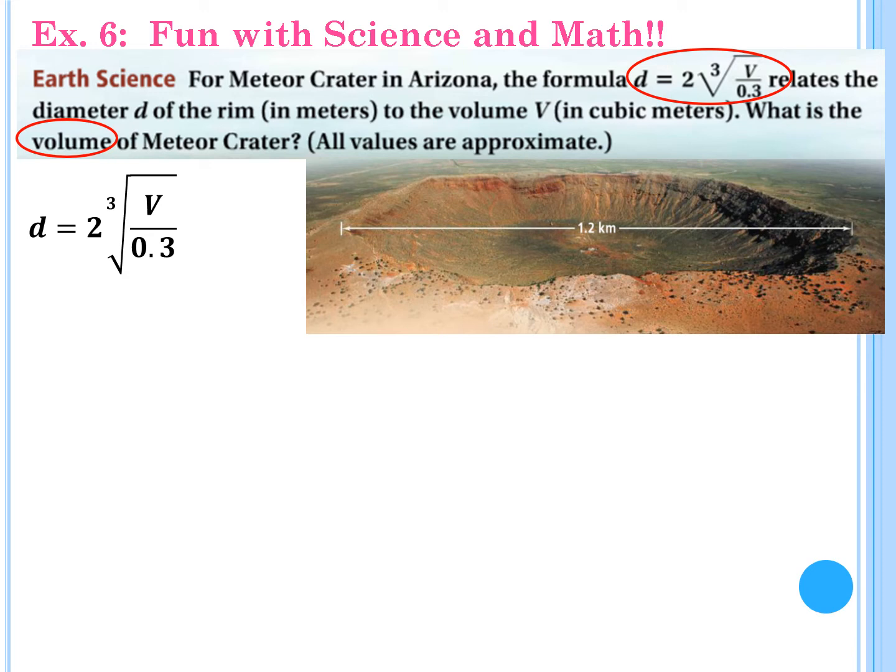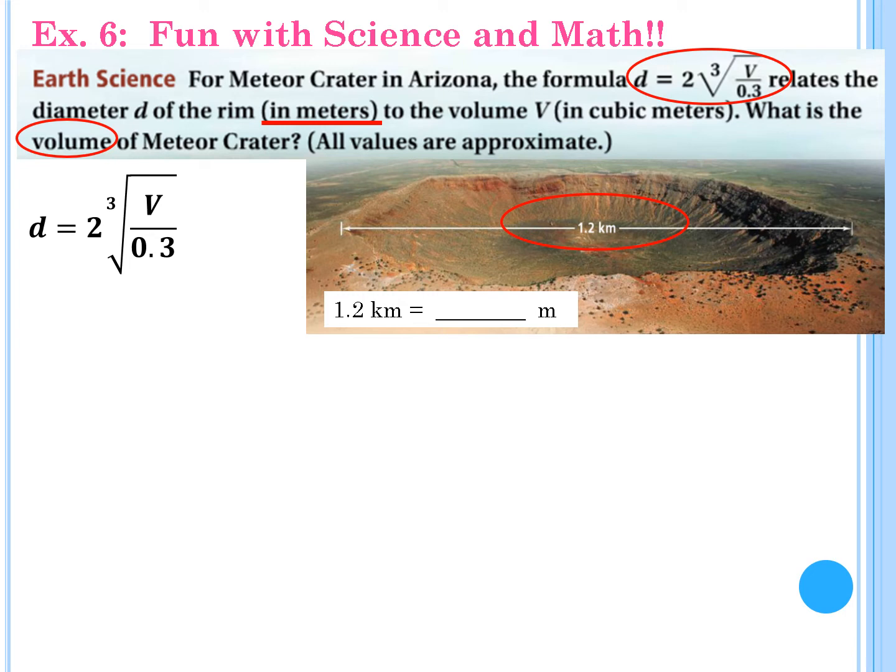Now, it then tells me that the diameter of the crater is 1.2 kilometers. However, if you look, your formula is in meters. So we're going to have to convert kilometers to meters. Now, I know there's 1,000 meters in every kilometer.